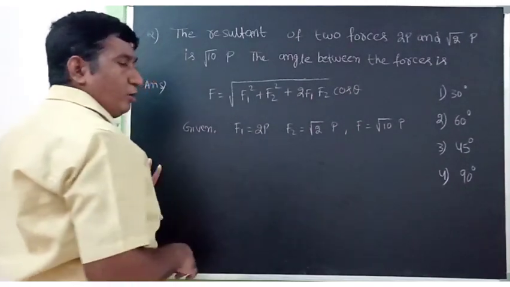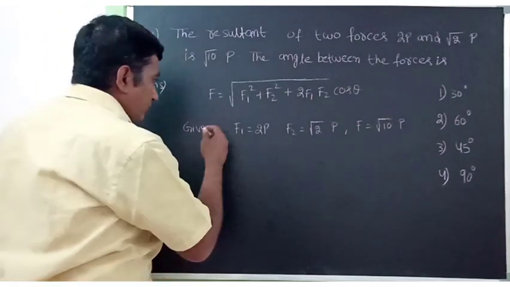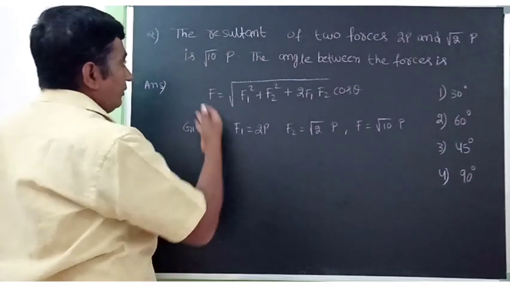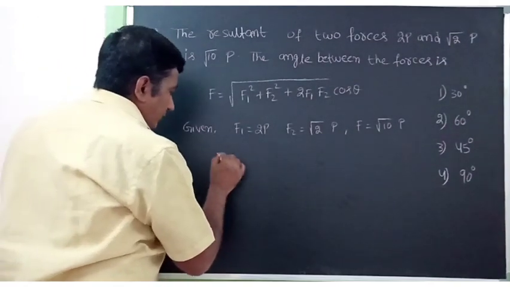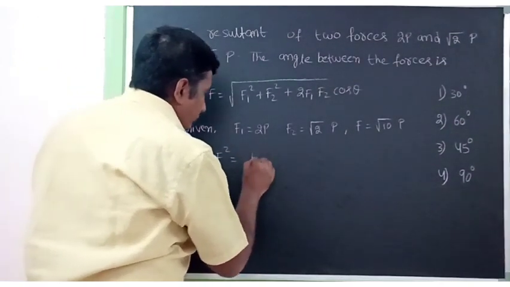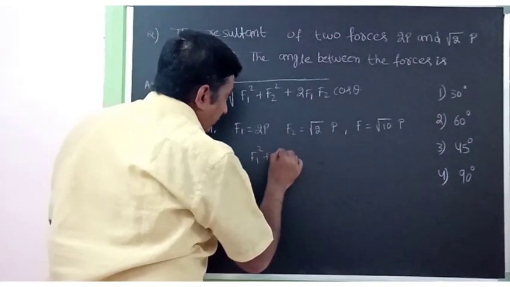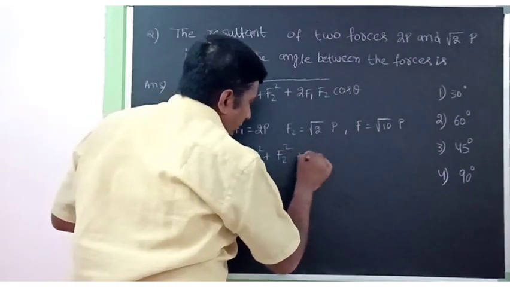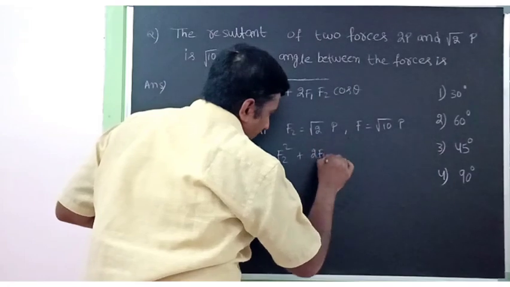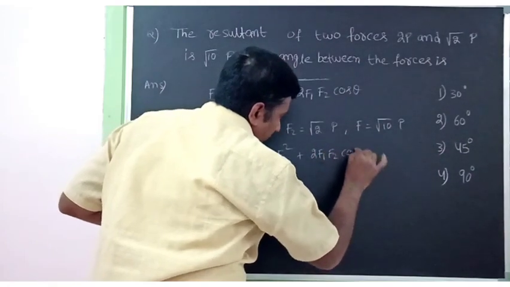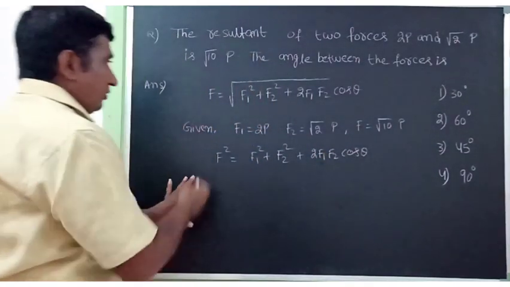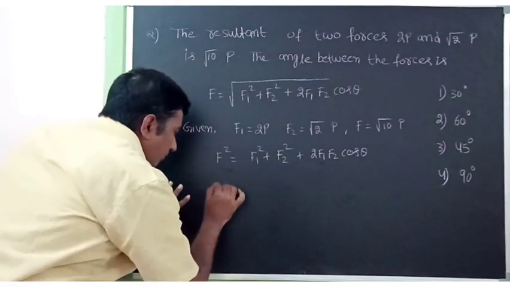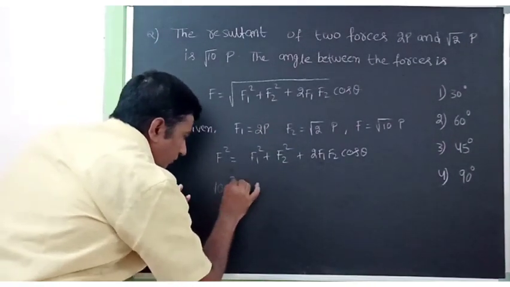So squaring on both sides, I can get F square is equal to F1 square plus F2 square plus 2F1 F2 cos theta. What's the value of F? F square means 10 P square.